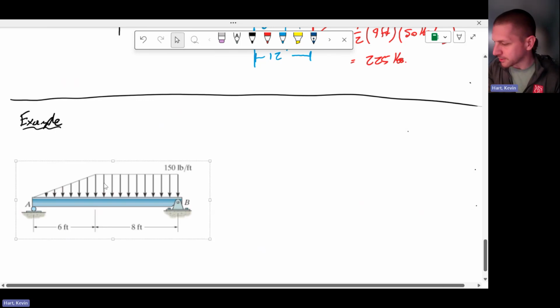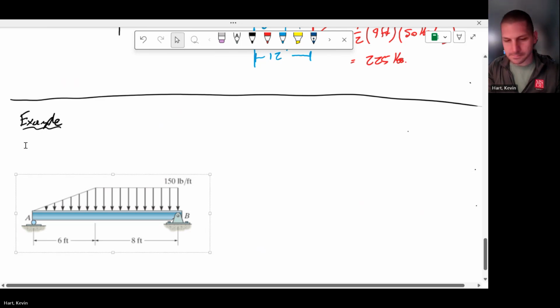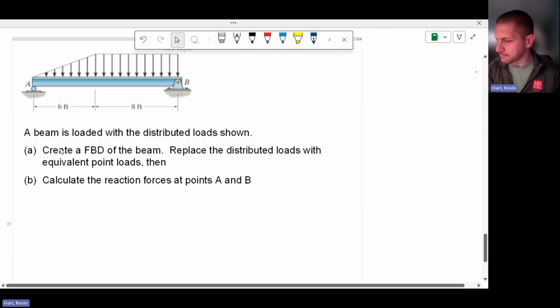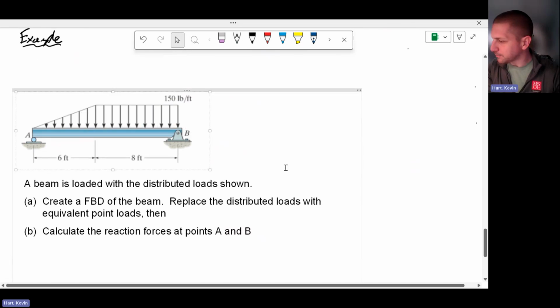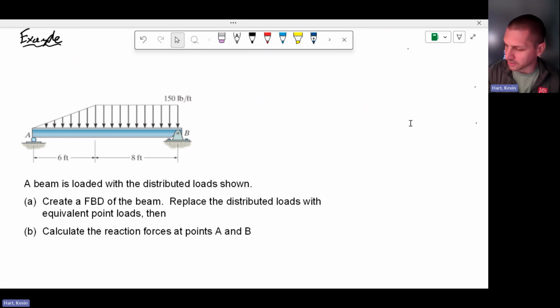We have this distribution here, and I'll bring the prompt in here as well. All right. So here we have this beam loaded with the distribution shown. We want to create a free body diagram of this beam by replacing the distributed loads with equivalent point loads. Then we'll determine the reaction forces at points A and B.